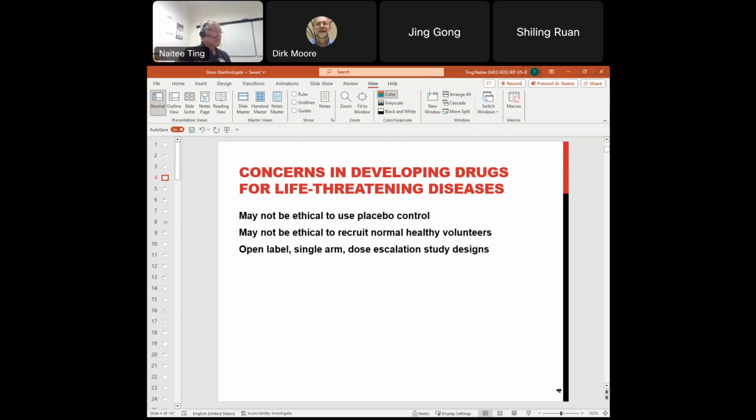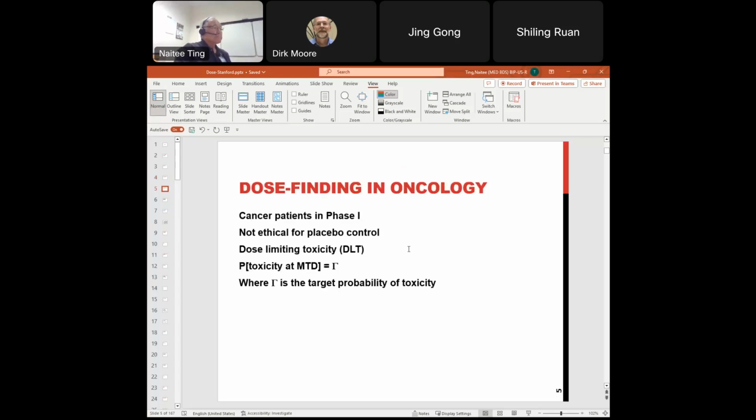So for cancer drugs, it may not be ethical to use placebo control, of course, because it's toxic, and you have patients with cancer, so you cannot use placebo control. It may not be ethical to recruit normal healthy volunteers, so the designs are open label, single arm, dose escalation studies. In oncology, you start with cancer patients, and it's not ethical to do placebo control.